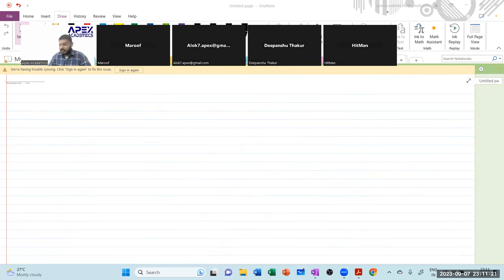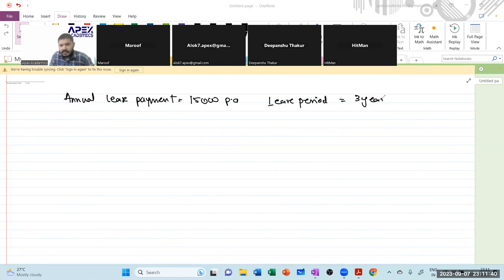Now what is happening? Please pay attention. Suppose I say that the annual lease payment is equal to 15,000 per annum. Lease period is equal to 3 years. Life of asset is equal to 5 years.